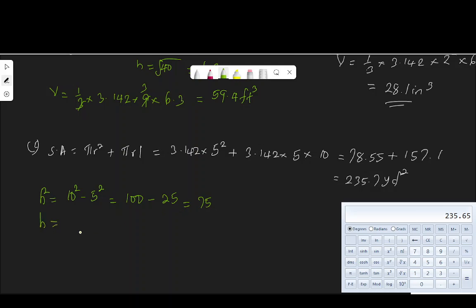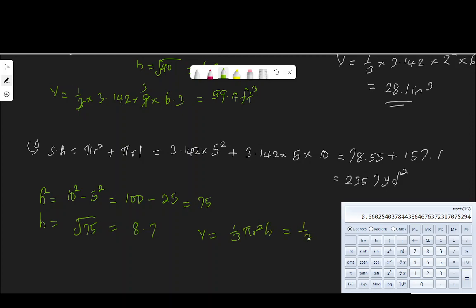H therefore is square root of 75, and square root of 75 is 8.7 approximately.